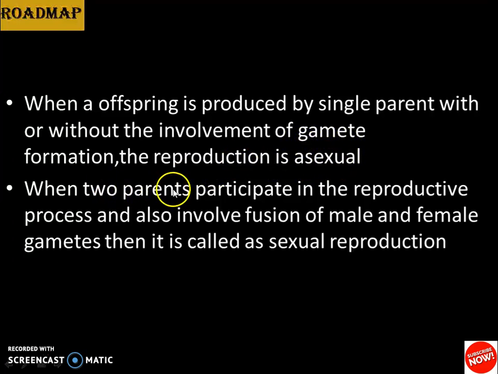But when two parents participate in the reproductive process and it involves fusion of male and female gametes, then it is called sexual reproduction. So asexual reproduction involves one parent, and when two parents are involved, that is called sexual reproduction.